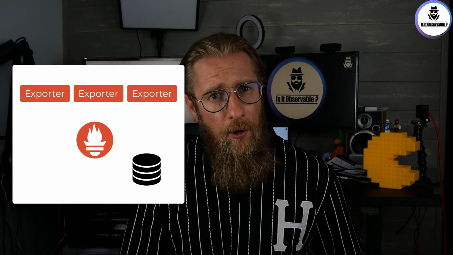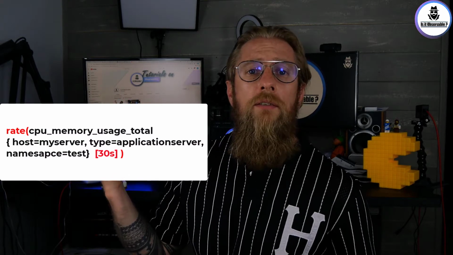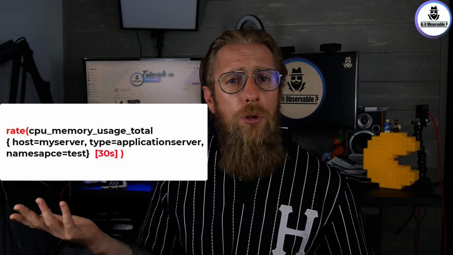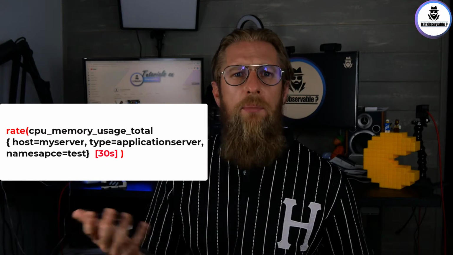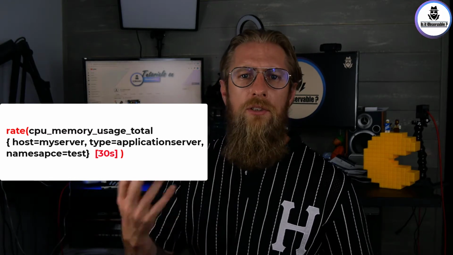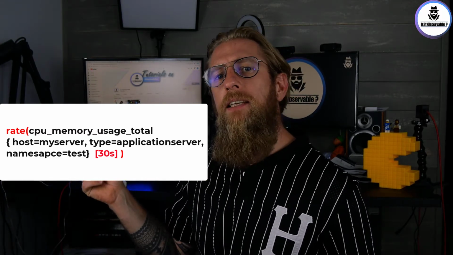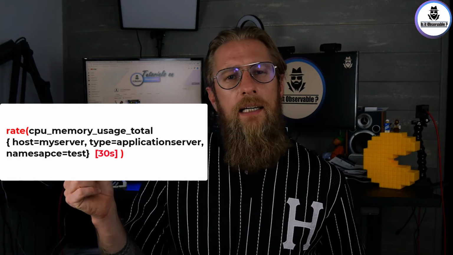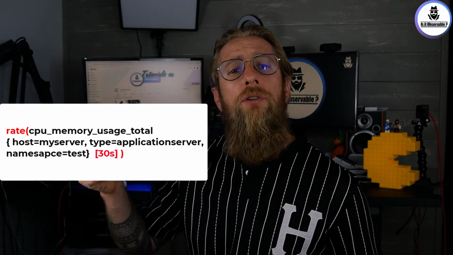So when you run a query on a specific metric, you can evaluate the data based on a time: the current time, or let's say a specific time. If I use, for example, this query with rate, CPU memory usage total, with various labels like the host, the type, the namespace, and so on, then at the end here I'm adding a filter on the timing.